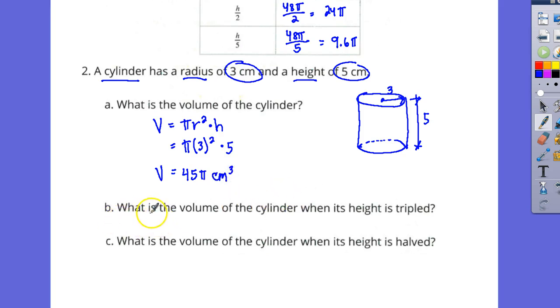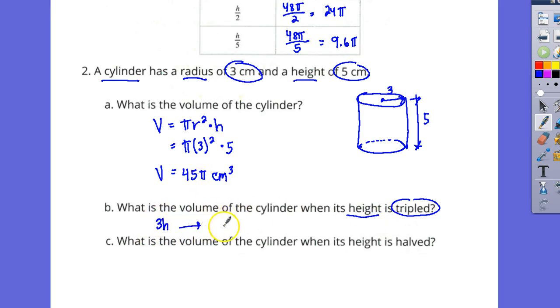Okay, next. What is the volume of the cylinder when its height is tripled? So the height is tripled, meaning you're multiplying the height by 3. Remember, based on what we learned from lesson 5.17, if you multiply the height by some scale factor, you will just do the same thing with the volume. That will be the new volume. So your height got multiplied by 3, so you did 3h.